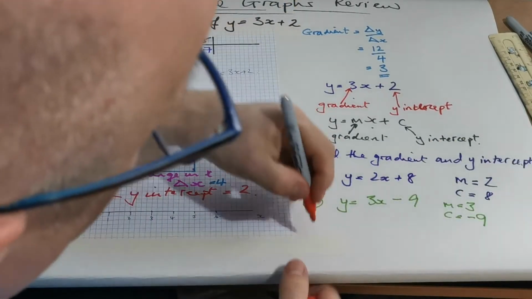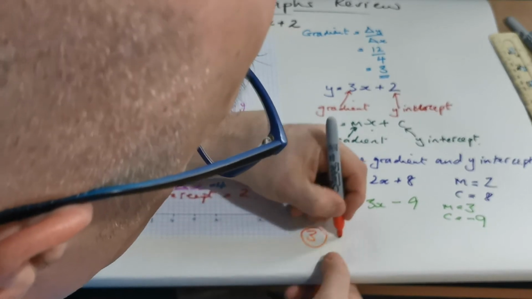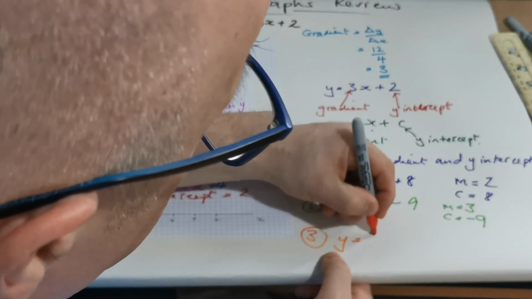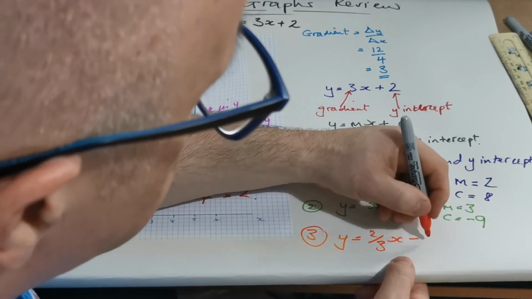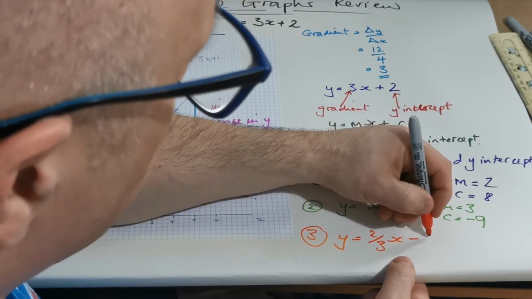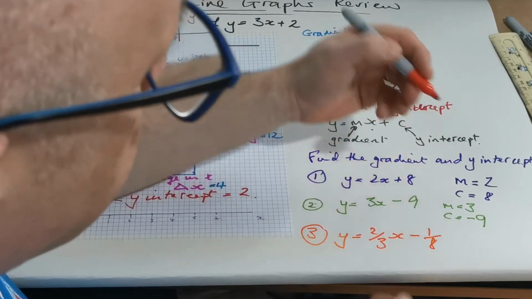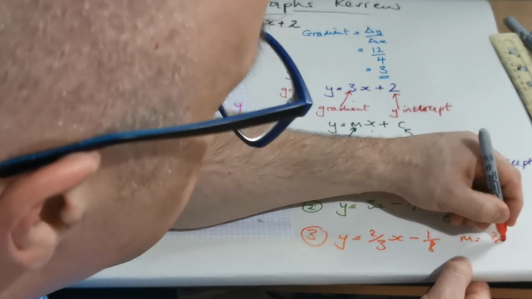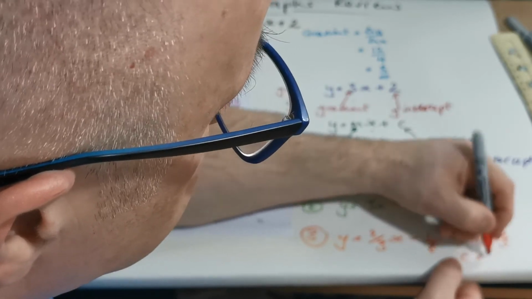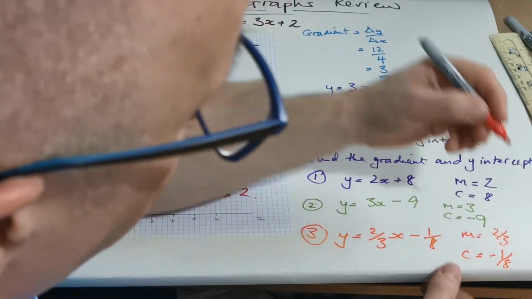And we could have some with fractions or decimals. So y equals 2/3 x minus 1/8. And again you would say M is equal to 2/3 and C is equal to minus 1/8.